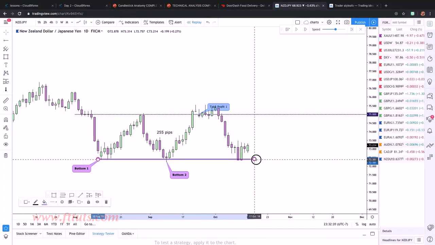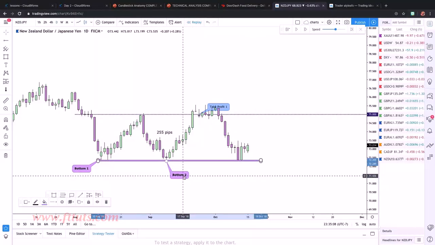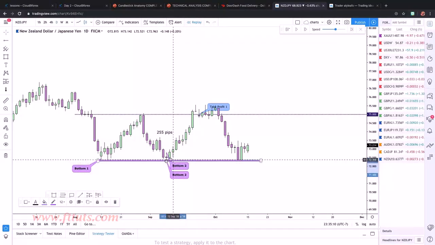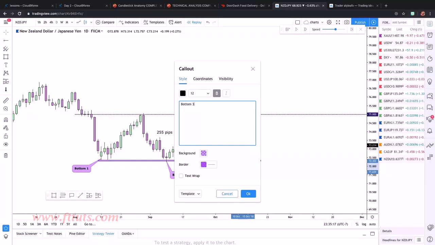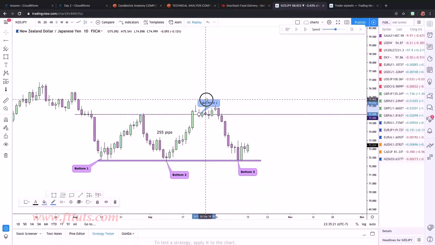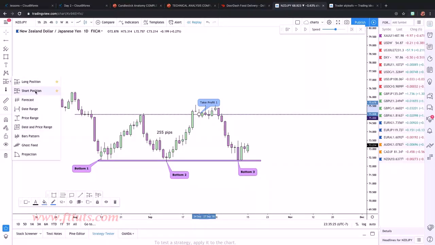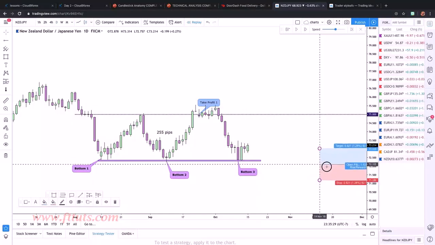So we just reattach this and adjust it. So that would be our third bottom. Usually the third bottom is a really big move. So I'm just going to copy and paste this. Then I'm going to take the long position, put our stop loss just below it.